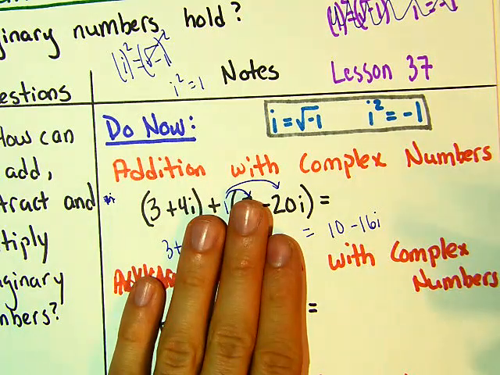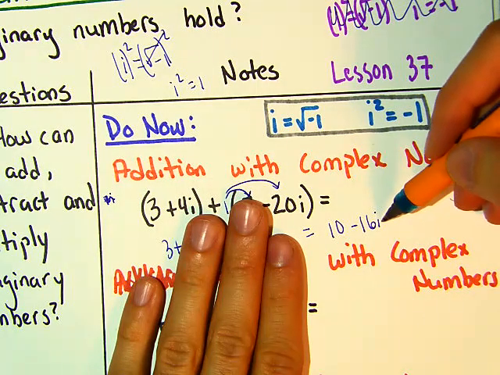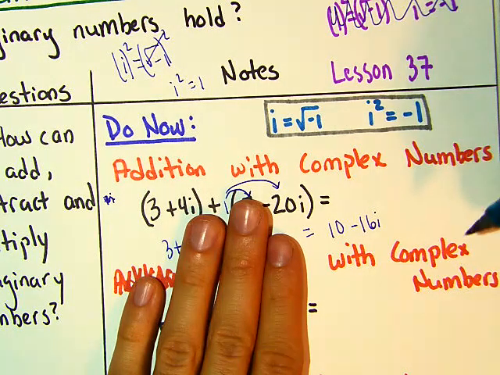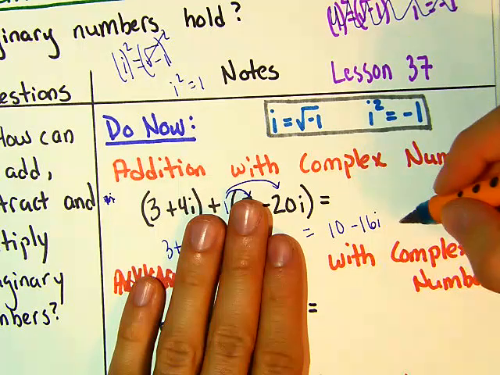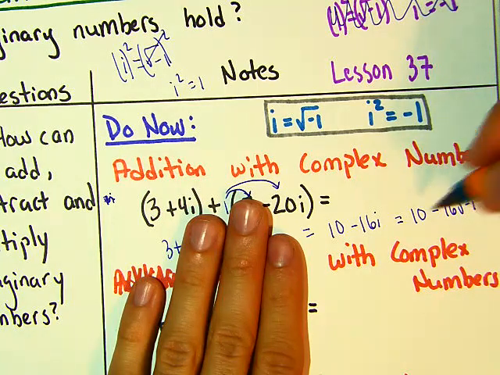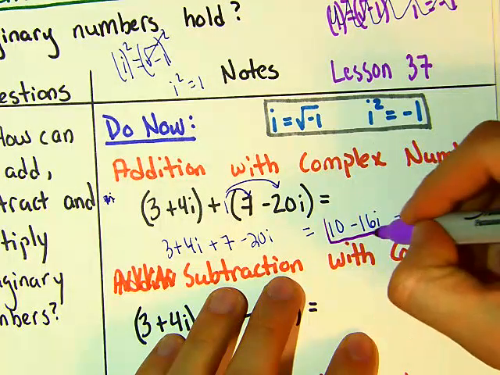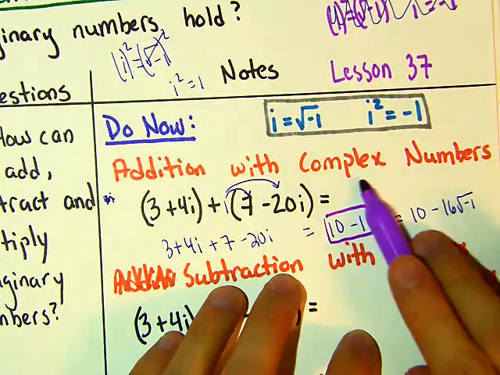We can't. There's nothing more to simplify. If you substitute, i is equal to the square root of negative 1, so saying 10 minus 16 radical minus 1 doesn't really accomplish anything. And remember, the game plan is we want it as a complex number.